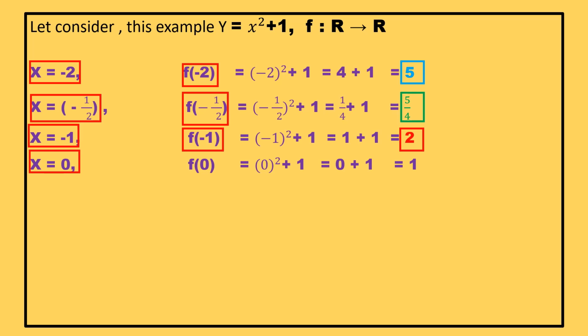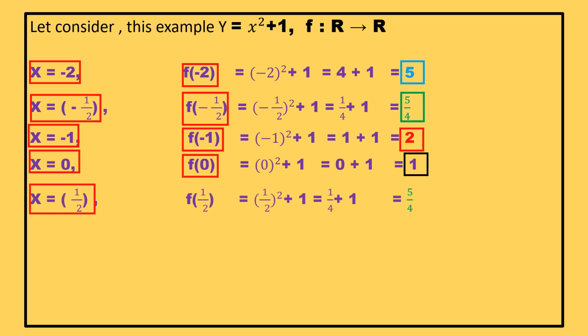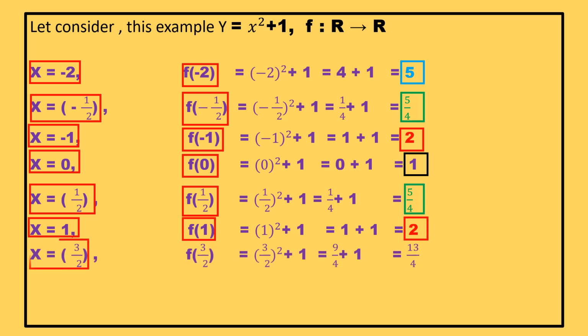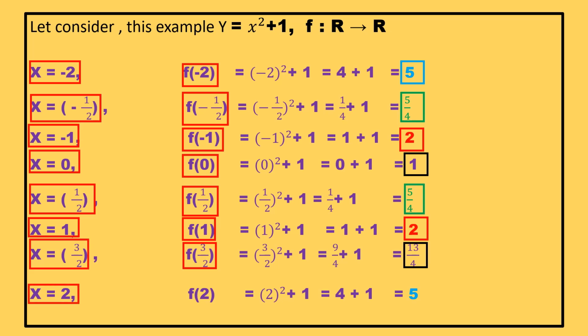When x is equal to 0, f of 0 is 1. When x is equal to 1 by 2, f of 1 by 2 is 5 by 4. When x is equal to 1, f of 1 is 2. When x is equal to 3 by 2, f of 3 by 2 is 13 by 4. When x is equal to 2, f of 2 is 5.